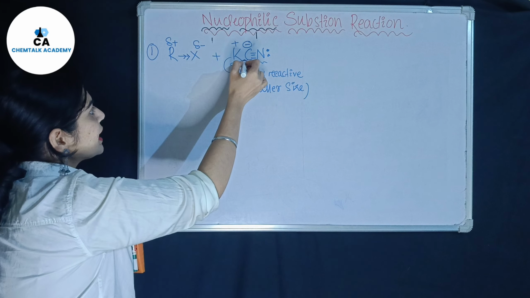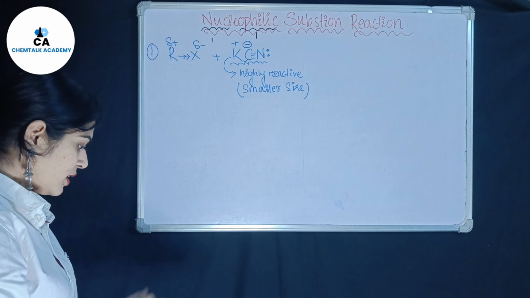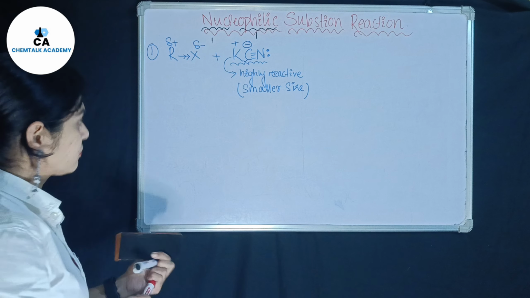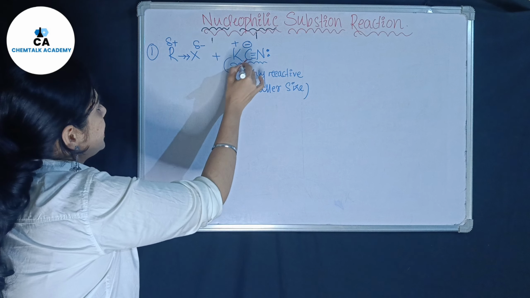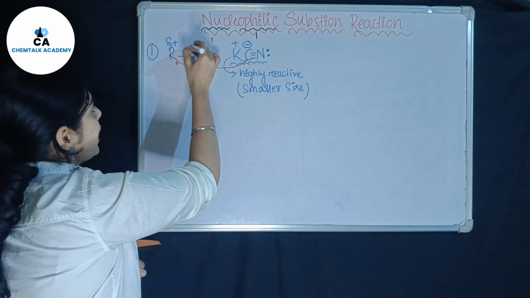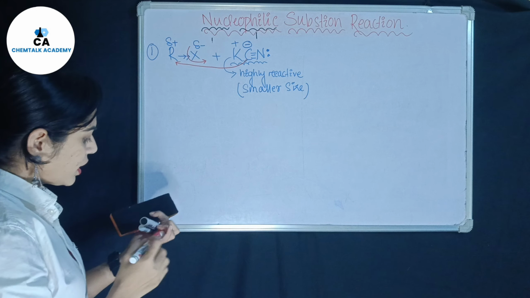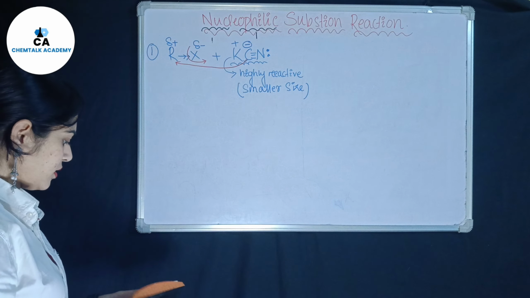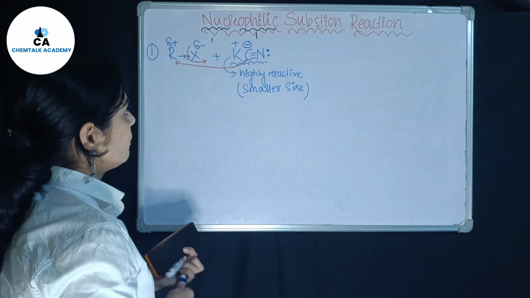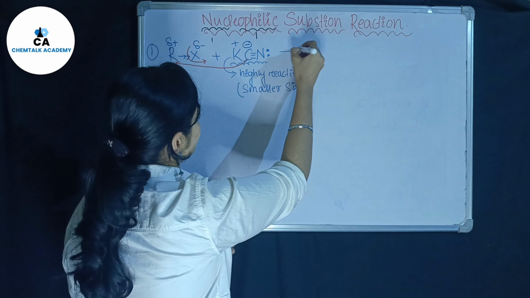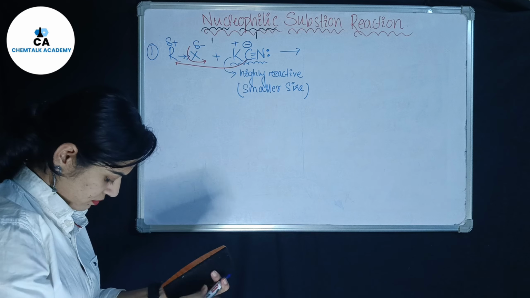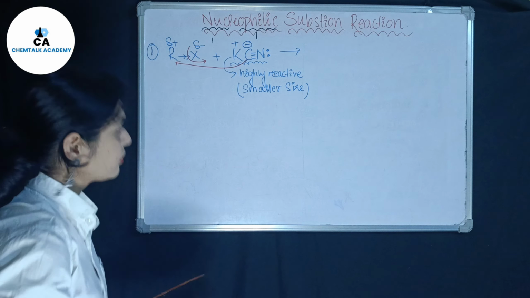So now who will attack? See, CN attacks the alkyl group. X will be removed. So what will our product be?